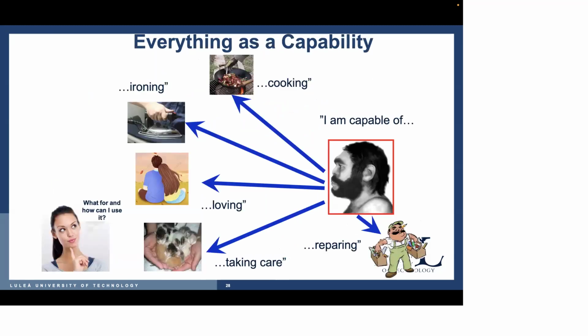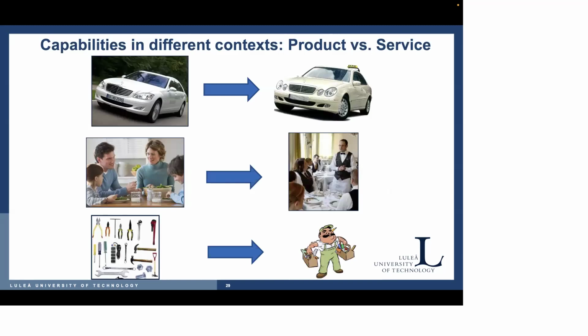The second side of the coin is that if there is a need, then there should be capabilities. There is a way to describe capabilities, that I'm capable of doing this and that. So basically matching the needs to capabilities, that is what you're aiming at.